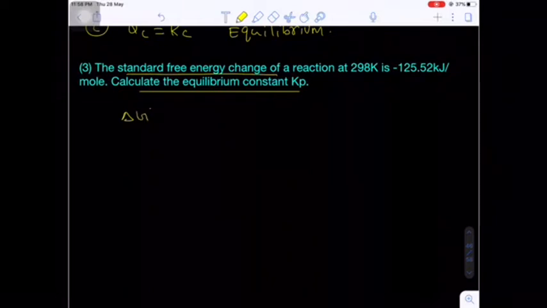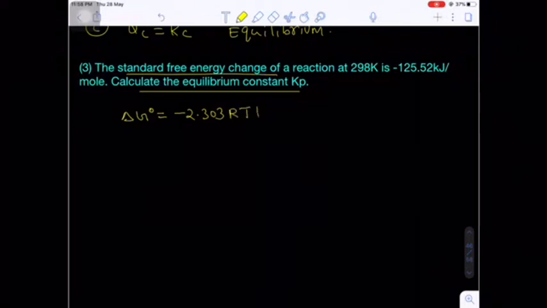I am using delta G naught is equal to minus 2.303 RT log of equilibrium constant. Remember, this equilibrium constant may be Kc or may be Kp, depending upon the question.